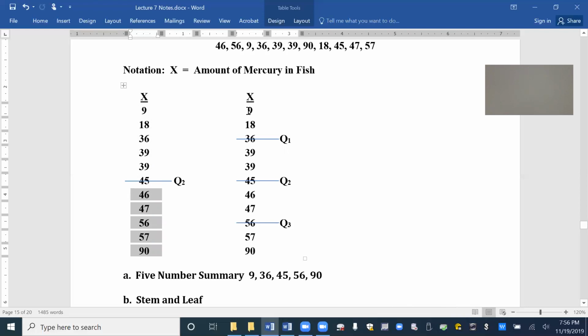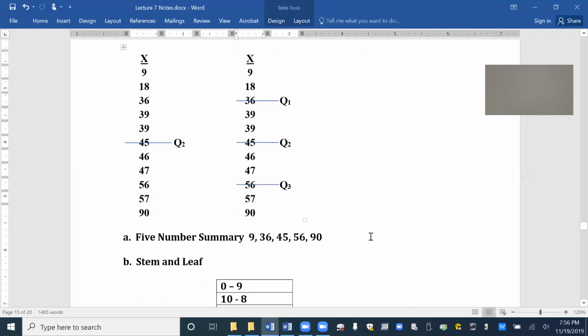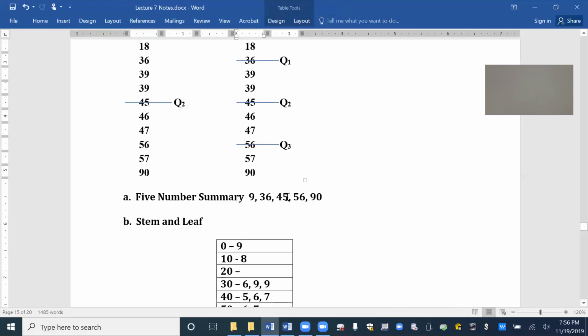So when I give you the numbers 9, 36, 45, 56, and 90, that is referred to as the 5-number summary. And it is the 0 percentile, the first observation, the 25th percentile, the 50th percentile, the 75th percentile, and the 100th percentile. That's what the 5-number summary is.